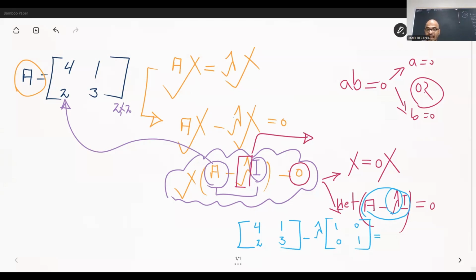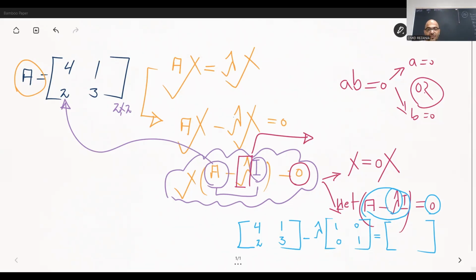Then I know it has to become 0. But the key is that 0 is not a number. Okay? Now hold on a second, let me finish this one, then I will go on to explain further. If I do this, what is the end result? I know 4. If you have lambda times this matrix, lambda is going to distribute itself to all elements inside the unit matrix.